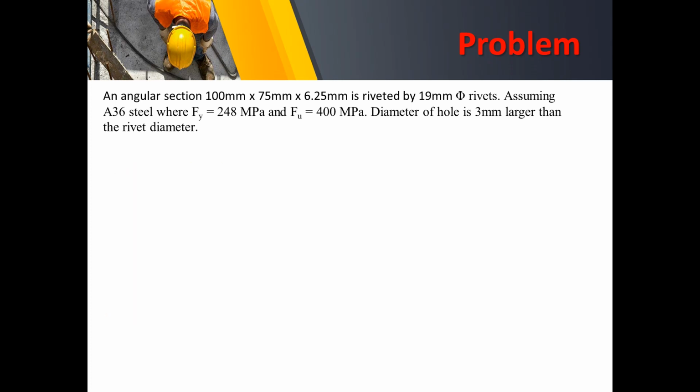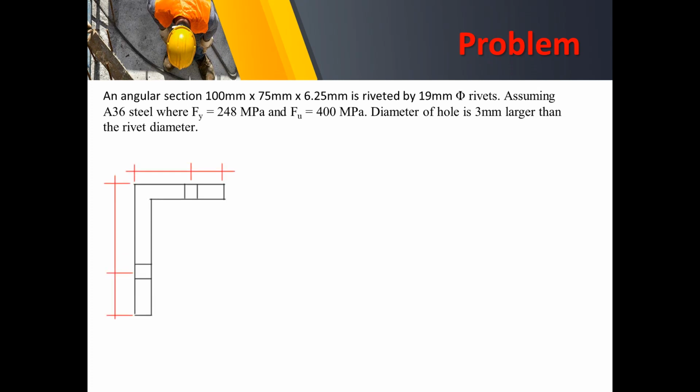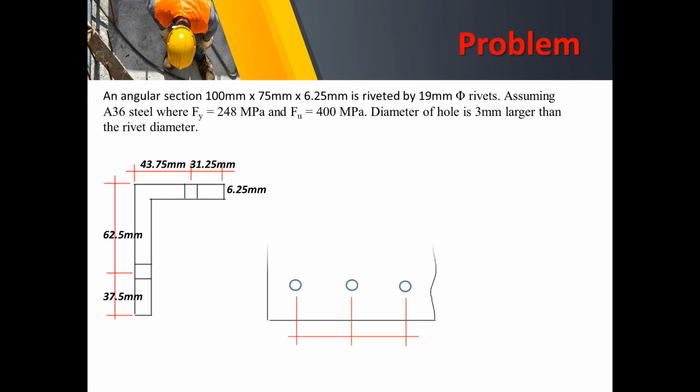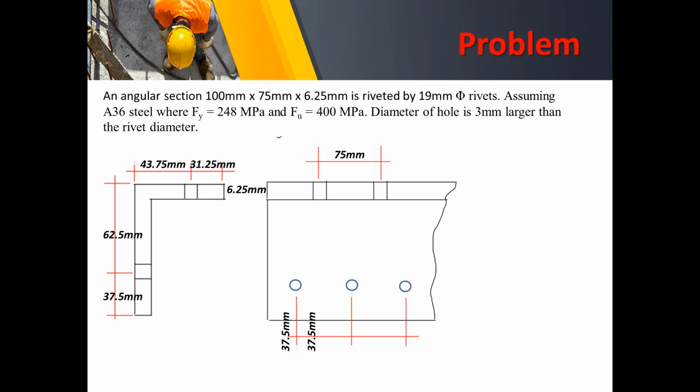So here is the illustration, the angle. We have the given dimensions, and the thickness of 6.25 millimeters. On the other view, the top view, we have the spacing of 75 millimeters on the top element of the angle, wherein this is staggeredly spaced on the top bolt.